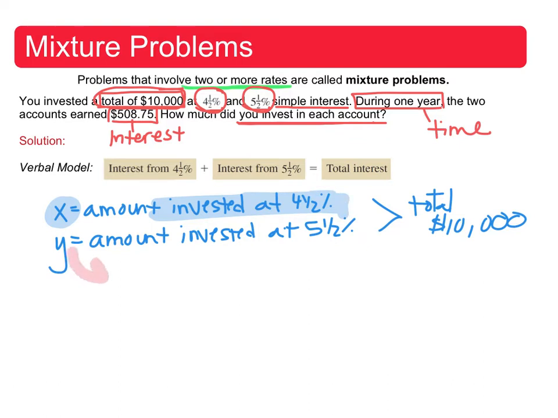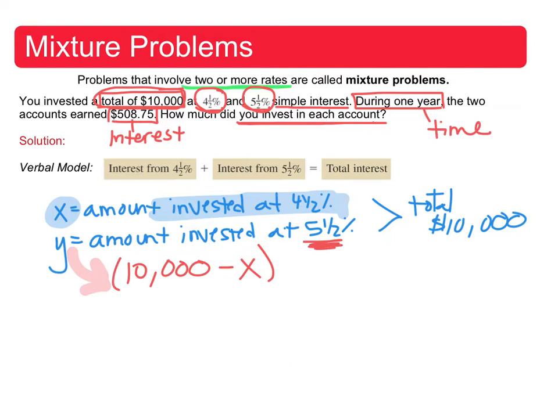So instead of writing Y here, we can say that this is the same as if I started at 10,000 and I subtract the amount that we invested at 4.5%, which is X. That's the amount that's invested at 5.5%. That's the difference.